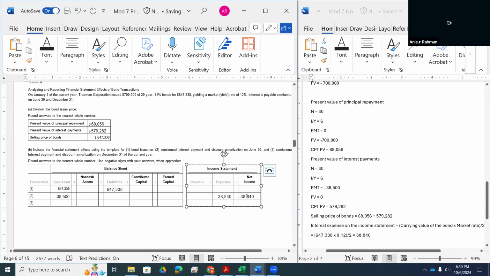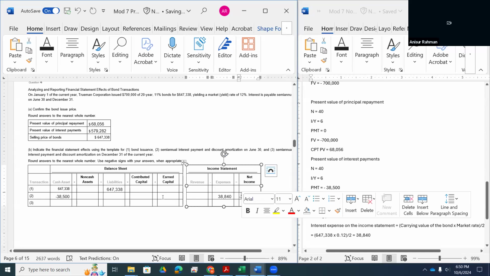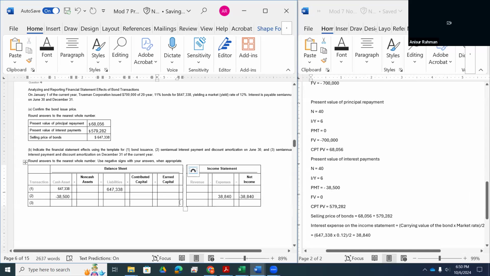So that basically means also our earned capital will all decrease by this amount. Now we know that the total asset side must equal to liabilities and shareholders' equity side. On the left-hand side, we have subtracted 38,500. On the right-hand side, we have subtracted a larger amount. So the difference between these two is our liabilities.